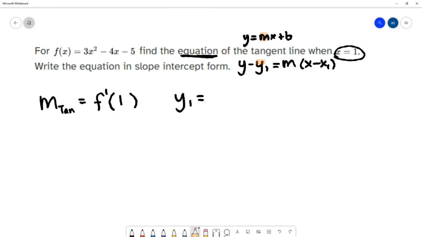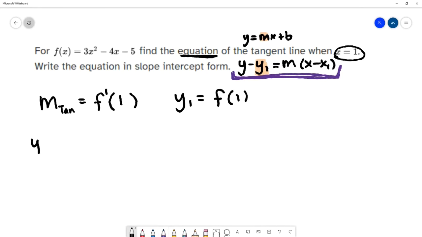In order to get this y value, we need to evaluate our function at that x value. So we have a couple pieces to figure out, and once we figured out the slope of the tangent line and also that y value, we're going to be able to create the equation using this point slope form.